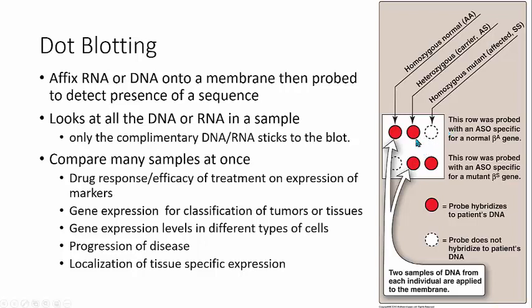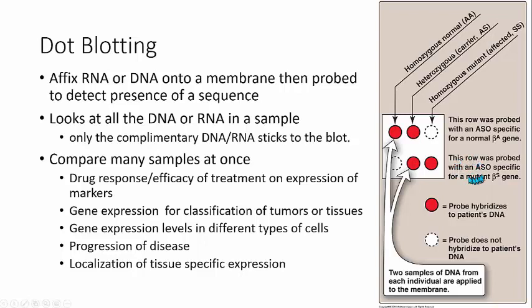Remember, a dot blot is only telling you, yes, we have the gene, or no, we do not have the gene. For example, in this figure, they've probed the upper row with the probe for the hemoglobin beta A gene, and they've probed the second row with the probe for the hemoglobin beta S gene.